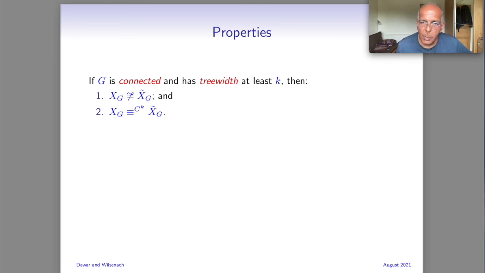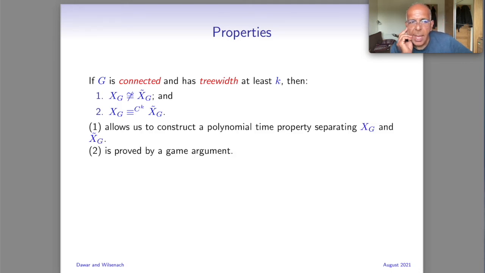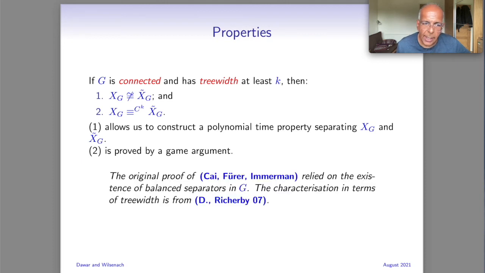And I will say a little bit more about what tree width is in just a moment. And then, as they argue, we can construct a polynomial time property separating the X(G) and X tilde(G). And the second thing, the C^k equivalence, is proved by a game argument, which we'll argue by the Hella game.